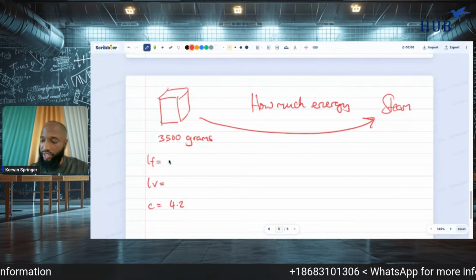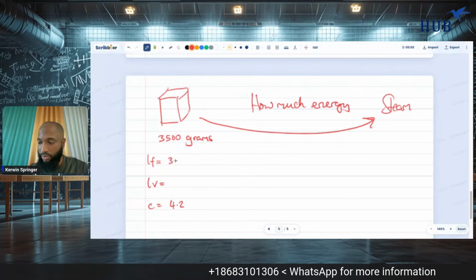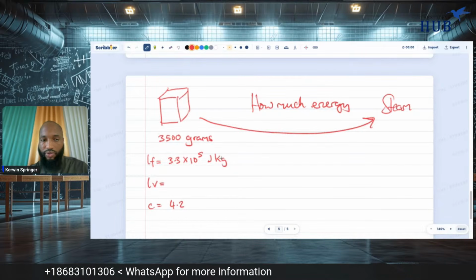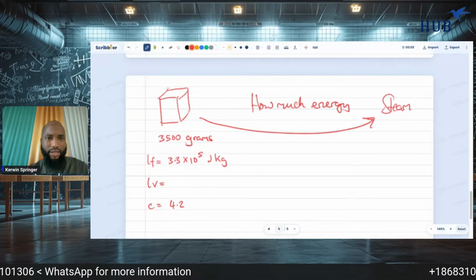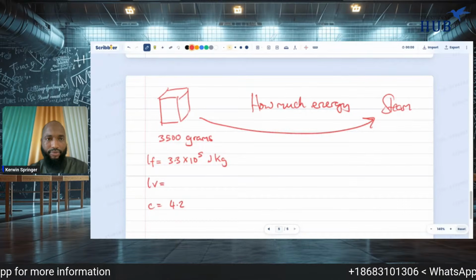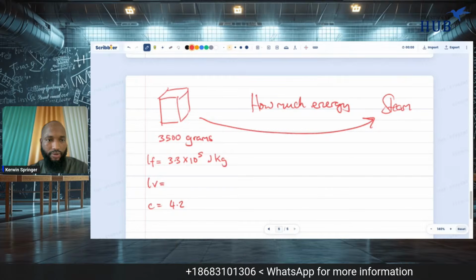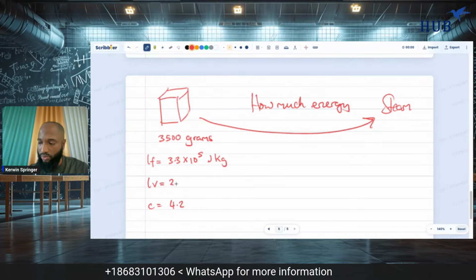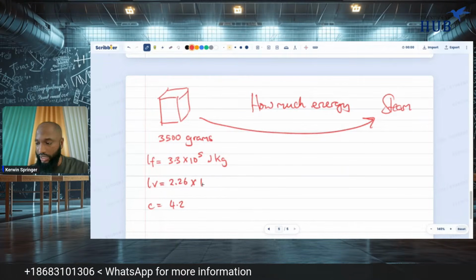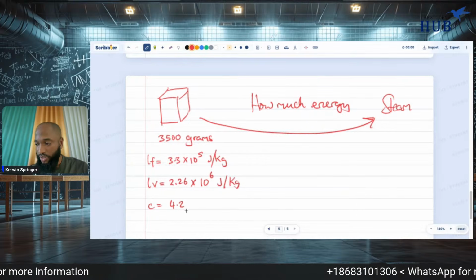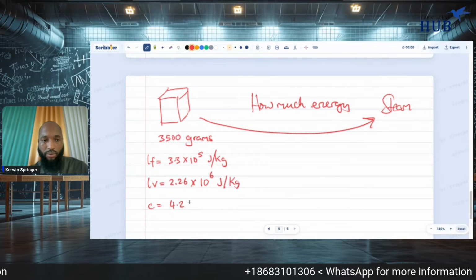Say they give you this as 3.3 times 10 to the power of 5 joules per kilogram. LV is some kind of million. So 2.26 times 10 to the power of 6 joules per kilogram. And C is 4.2.